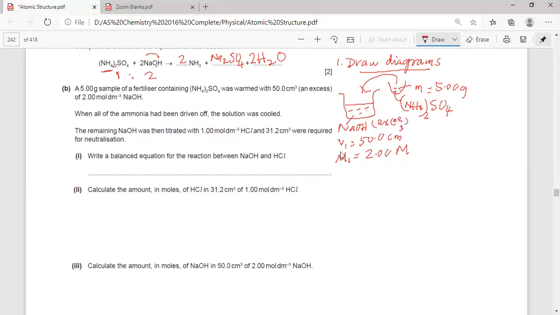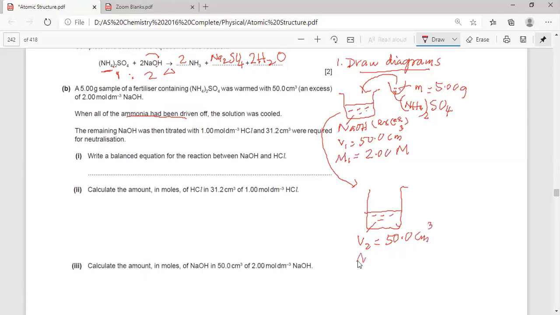After you drive off the ammonia by heating, and after cooling, the remaining NaOH is still there. So the remaining NaOH was titrated. This is the reacted amount. The volume here, let's say V2, is still 50.0 cm3.